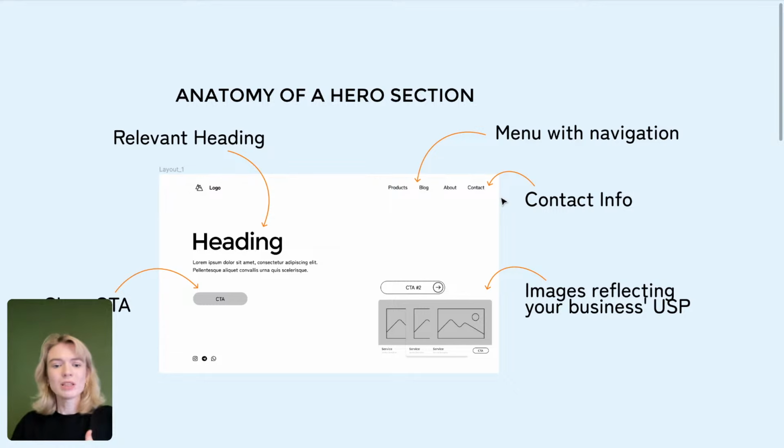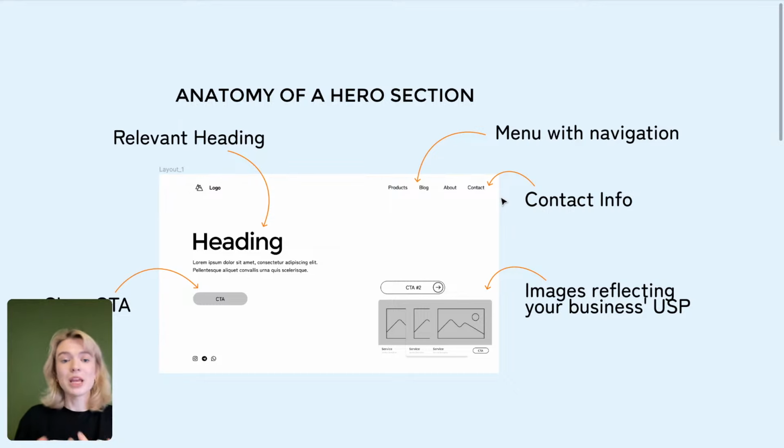And once the user reads your call to action, they really need to understand what to do. Sometimes people forget about it and make it either overly abstract or way too creative. But a call to action is basically a clear message that your user has to undertake a certain action on your website.